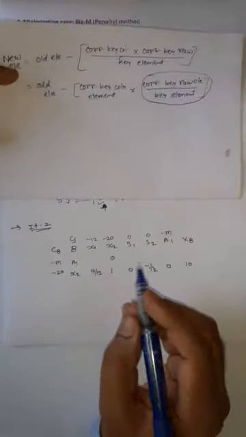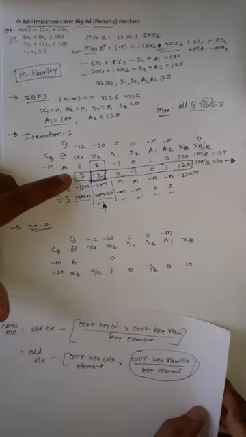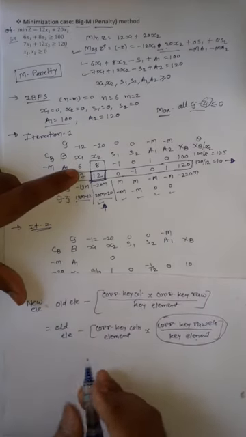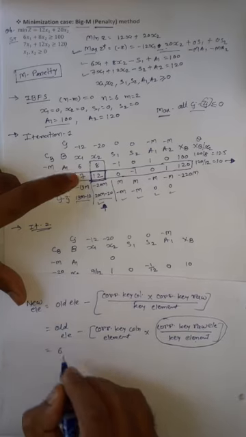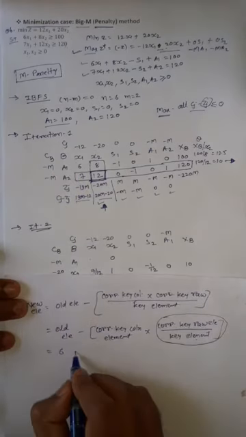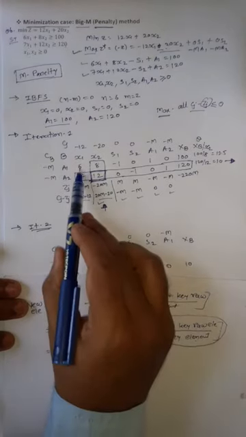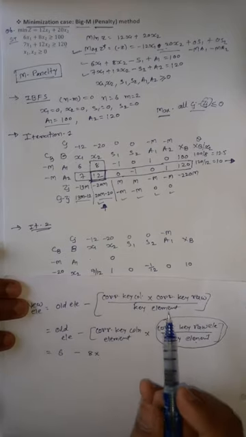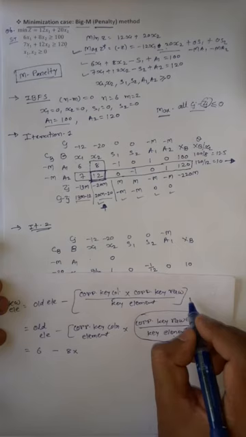So to get the value of x1, we have to consider the old element, which is equal to 6, minus the corresponding key column element, 8, multiplied by 7 divided by 12, as per our regular equation.